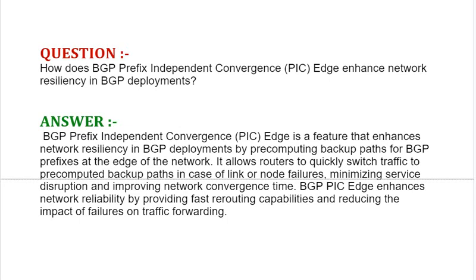It allows routers to quickly switch traffic to pre-computed backup paths in case of link or node failures, minimizing service disruption and improving network convergence time. BGP PIC edge enhances network reliability by providing fast rerouting capabilities and reducing the impact of failures on traffic forwarding.